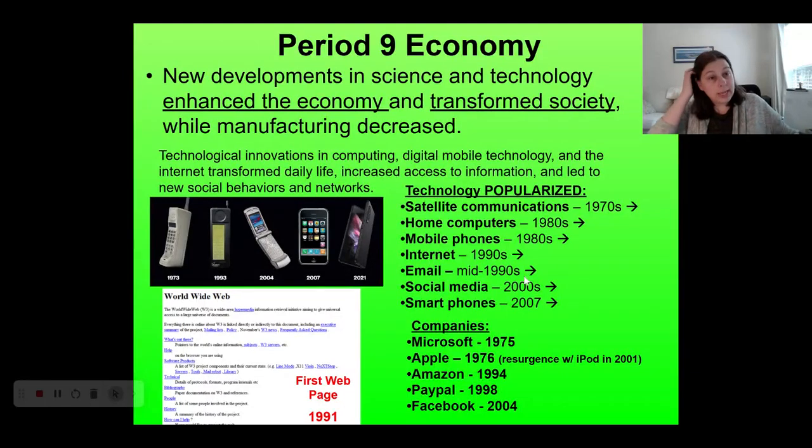So we see the first satellite communication, satellite TV, satellite radio, satellite phones, those types of things starting in the 1970s. I mentioned in the previous video that home computers, and also cell phones, mobile phones, really start to become a thing in the 1980s, and that the internet doesn't start to become a thing until the mid 1990s, when most Americans start to get online and get email access, and when offices start to be able to use it as well.